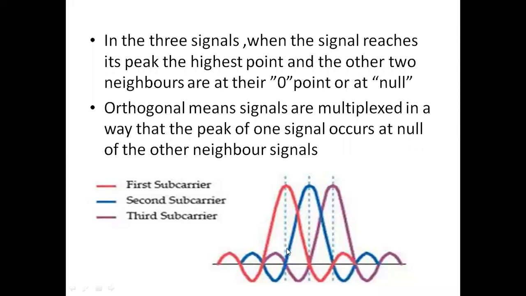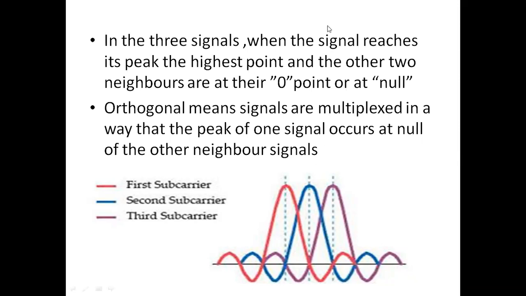So orthogonal means the signals are multiplexed such that the peak of one signal occurs at a position where the other two signals are at null positions. By the use of this orthogonality, we can send the information.